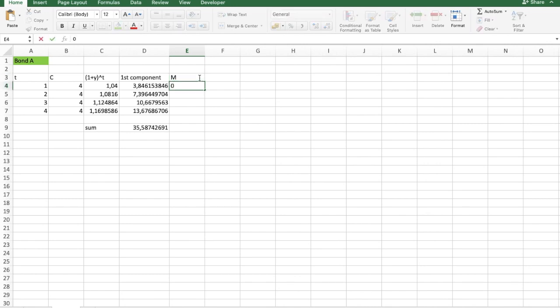So we will receive nothing during the first 3 periods, and we receive the par value by the end of the final period. We have also here 1 plus y power n. So n is the final period.